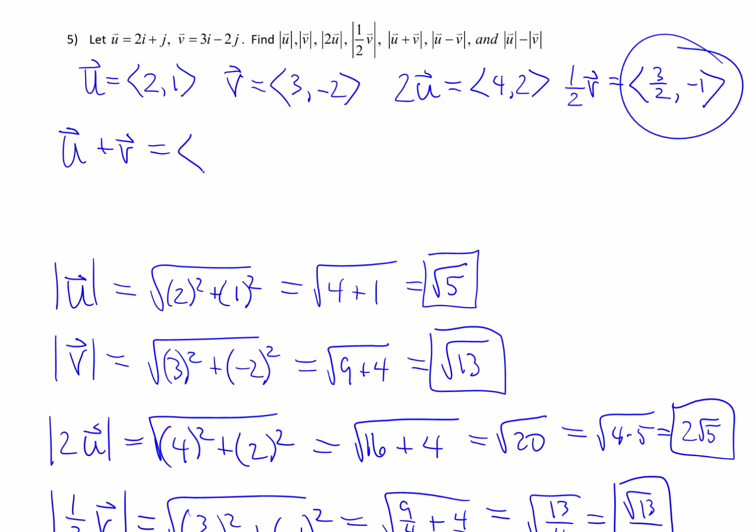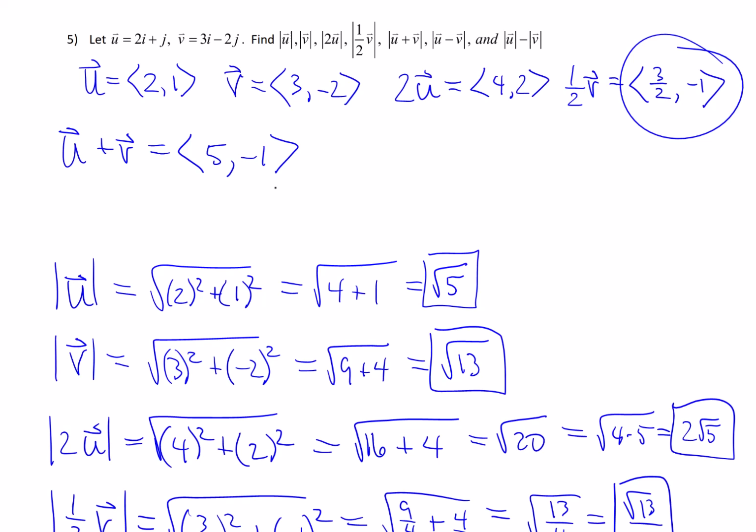So vector u being 2, 1, vector v being 3, -2. If I add those vectors together, I'm adding the horizontal components, 2 plus 3 to get 5, comma, and then I'm adding the vertical components, 1 plus -2 to get, well, -1. So vector u plus vector v, the sum of those vectors, is a new vector whose components are 5, -1.